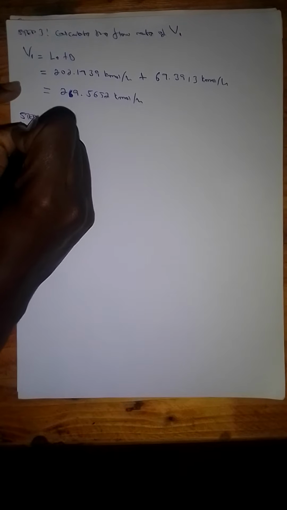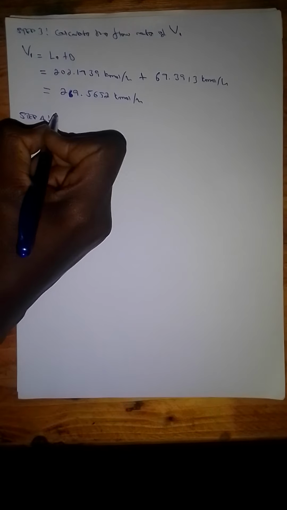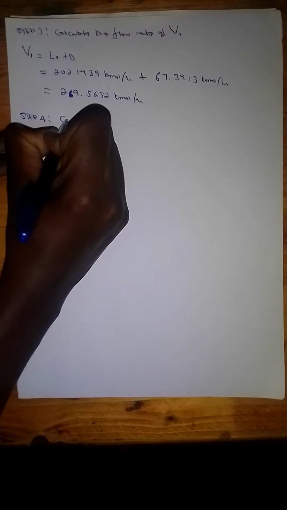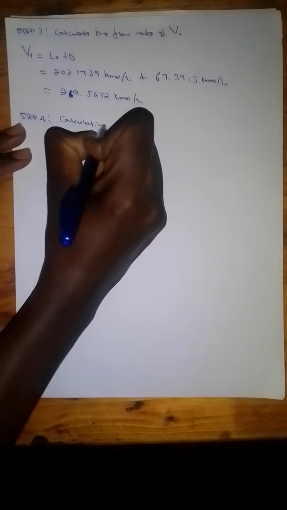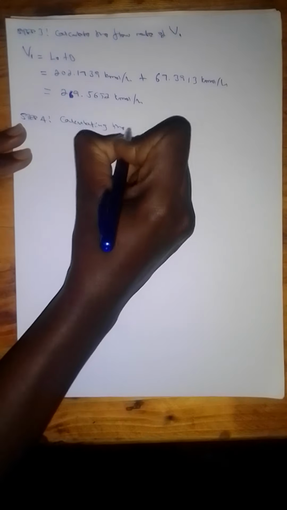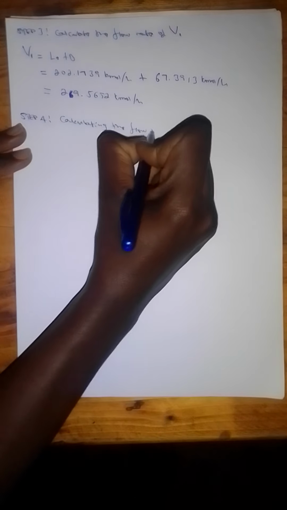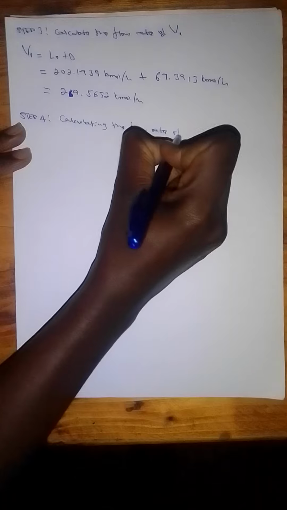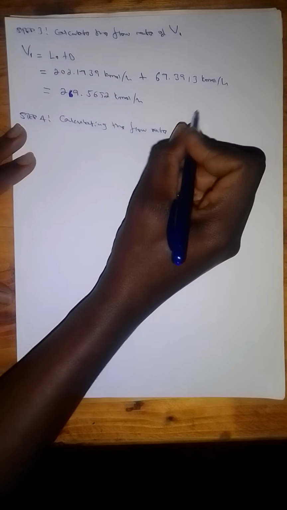So that is actually our step 3, and that is calculating V1. Now we're left with our last step, which is step 4. So let me just write it down. Step 4, we're calculating the flow rate of LN.